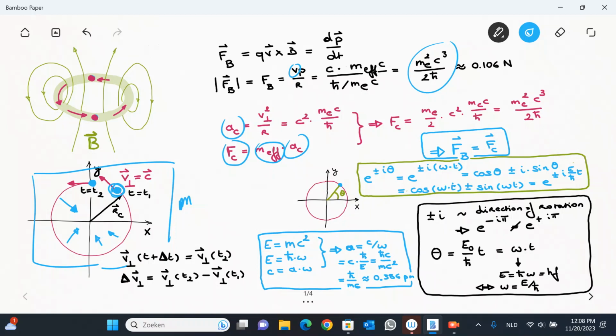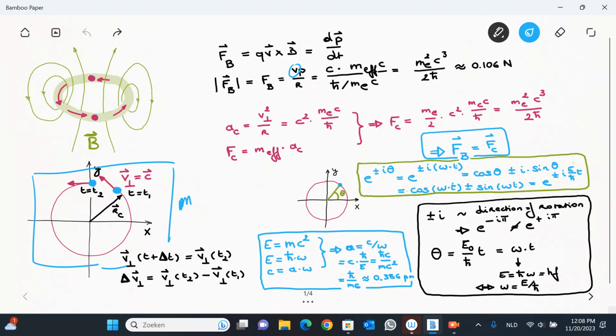This is the beauty of Newtonian mechanics, which are relativistically correct. The centripetal acceleration is going to be the tangential velocity squared divided by the radius of the orbital loop.